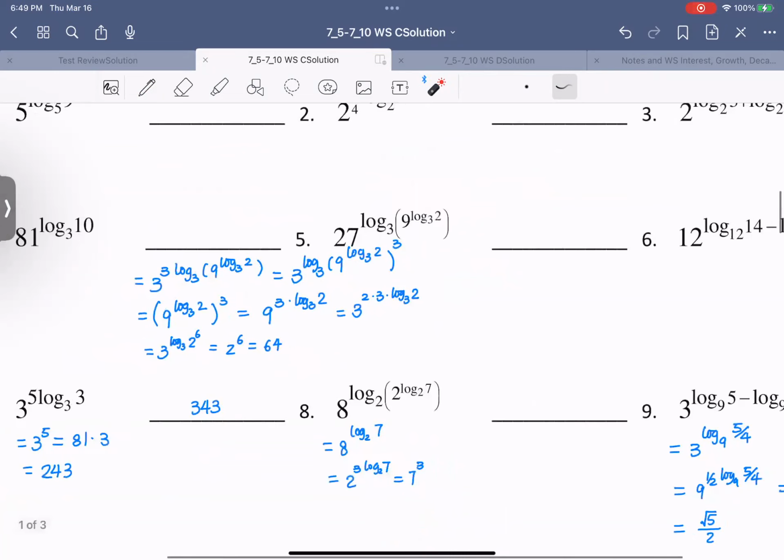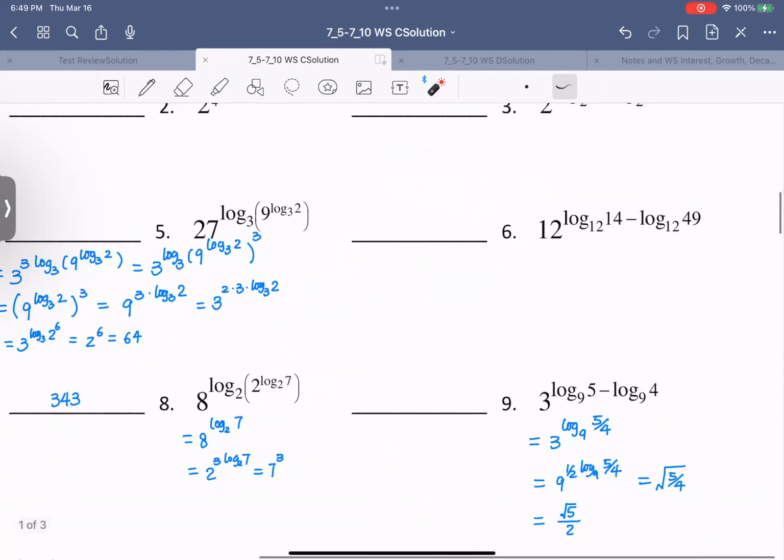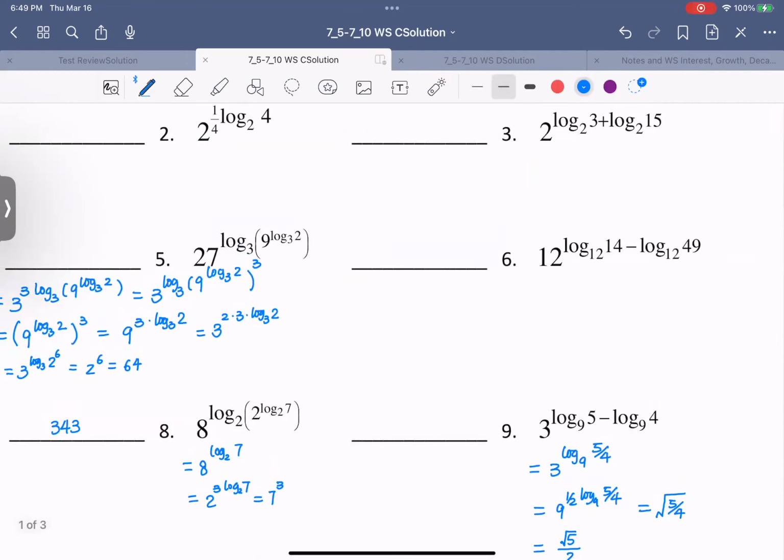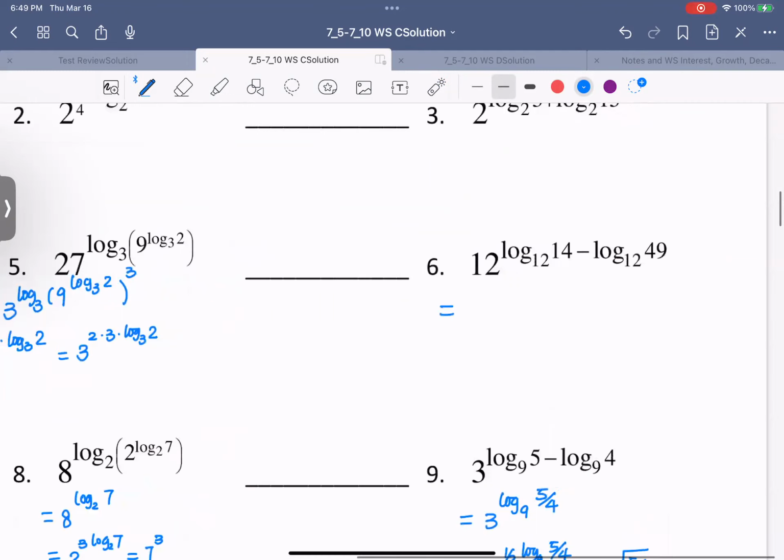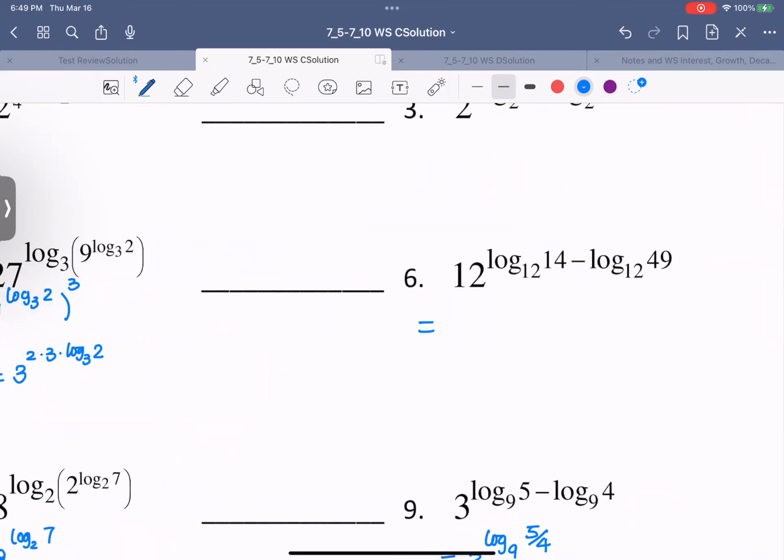Okay. Who wants to do number 6? Is there any volunteer who wants to do number 6? Okay, let's go. So you can do 12 to the power of log base 12 and then 14 over 49.